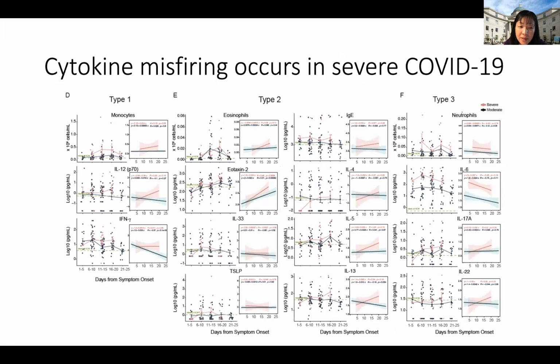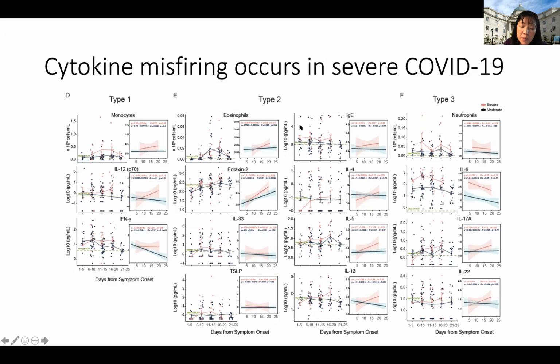However, when we looked at the blood types as well as the cytokines released by the COVID patients, what we saw was that all of these types, type 1, which is the antiviral, type 2, which is the parasite response, and type 3, which is the fungal response, were all being engaged and elevated in patients with severe disease, which is these pink lines here, whereas the moderate patients either had flatline or a slight increase, but not as much as what we see for the severe patients over time.